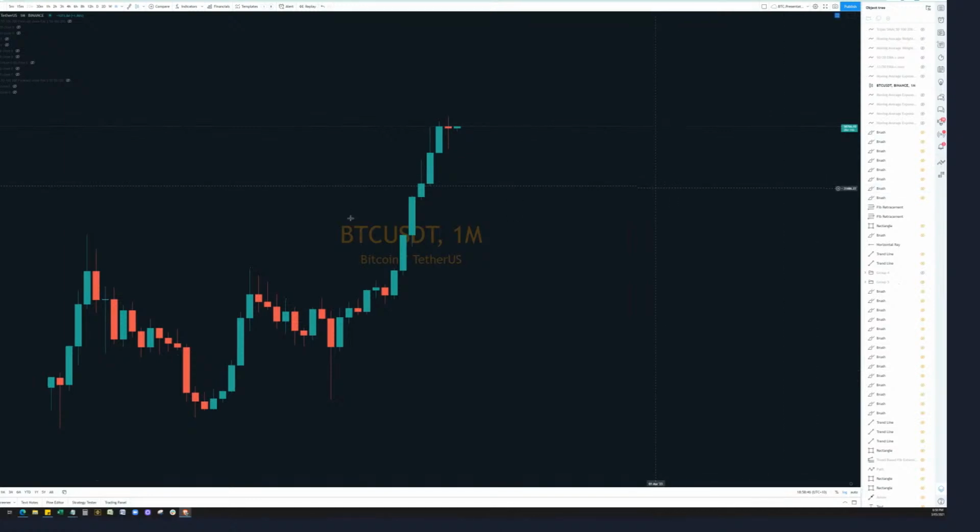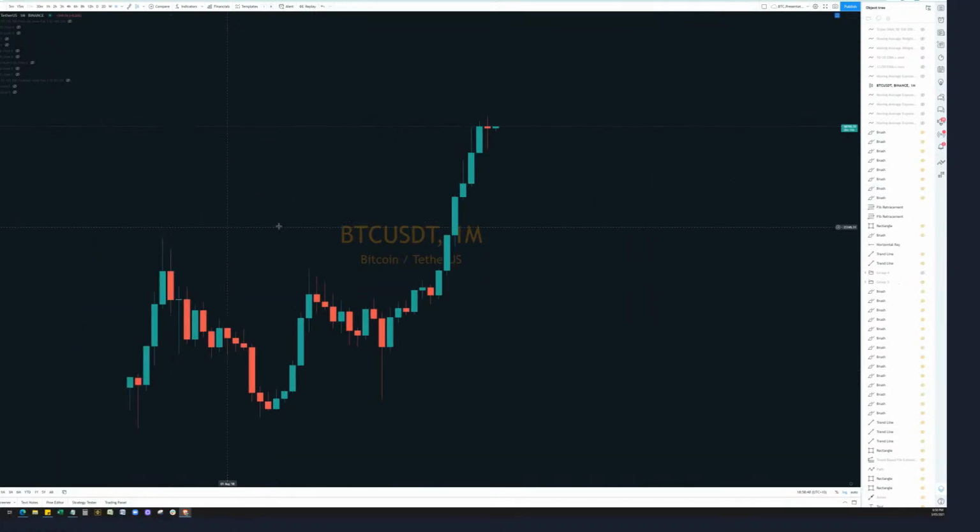So the monthly, if you compare to previous months, this candlestick on the monthly, now I've got to disable these on the monthly, don't I?